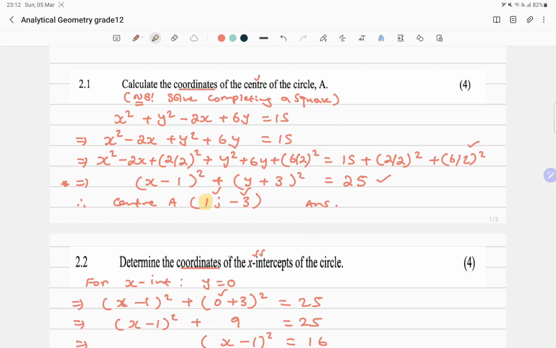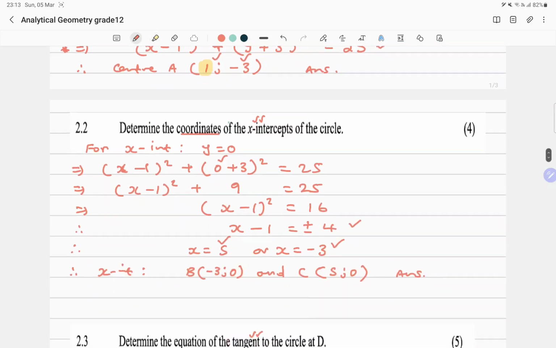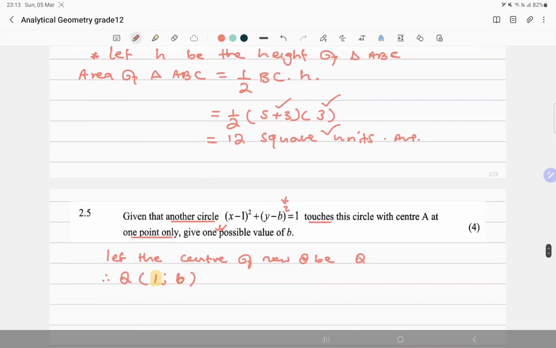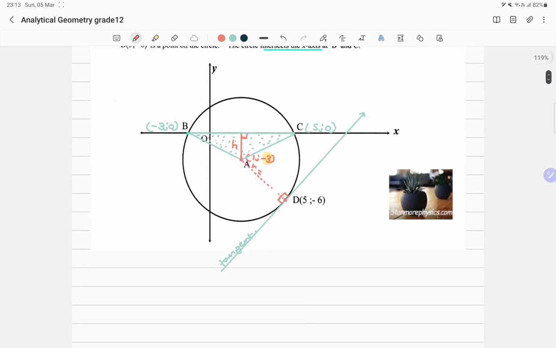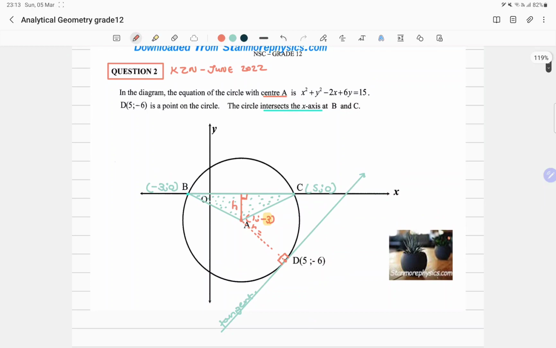So this means this new circle with center Q as we decided, is certainly along the line that passes vertically through the center of this circle. So if we're to extend this, maybe let's choose another color here.